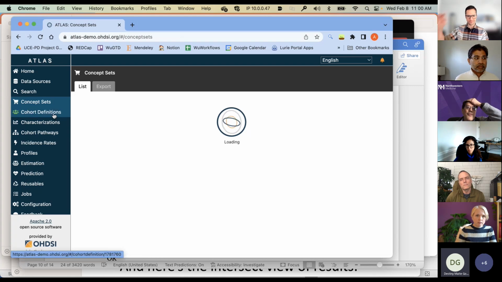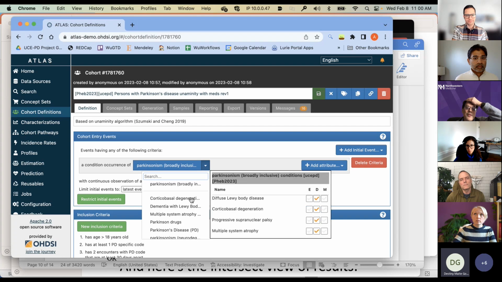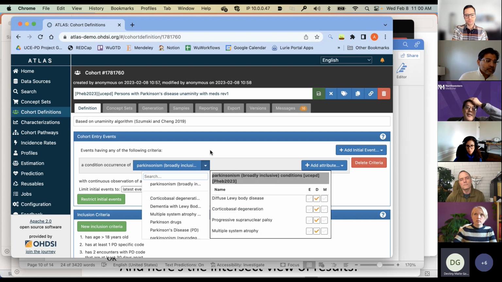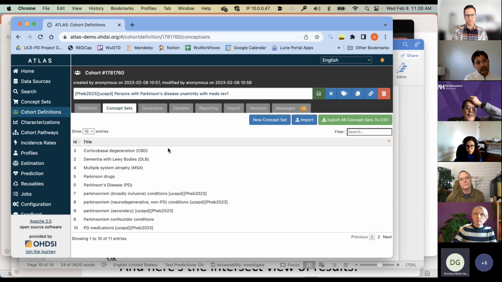I know the cohort definitions were copied from Ryan's old version last year, so there's a whole bunch of old concept sets that are not used currently. All the ones I use are marked with PheValuator Feb 2023. Those are mine. The other ones are old and not used, and can be removed.